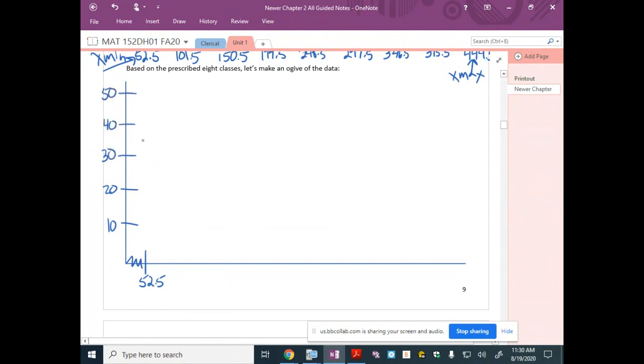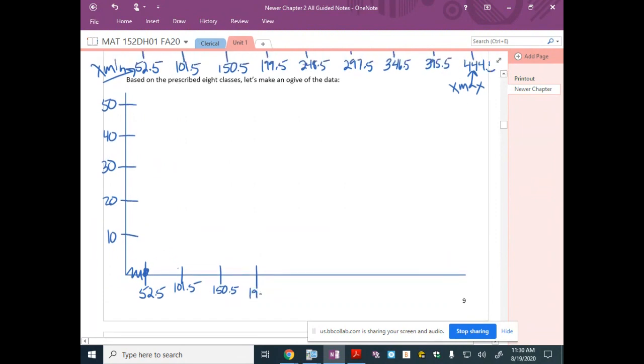So at 52.5, we would have none. At 101.5, 150.5, 199.5, 248.5, 297.5, 346.5, 395.5, and then lastly 444.5.